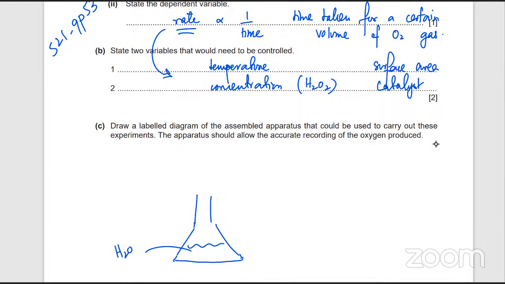Make sure in your drawing there are no gaps. Oxygen gas needs to be collected. So oxygen gas can be collected using a gas syringe. That would probably work perfectly. There's nothing wrong with oxygen gas being collected.